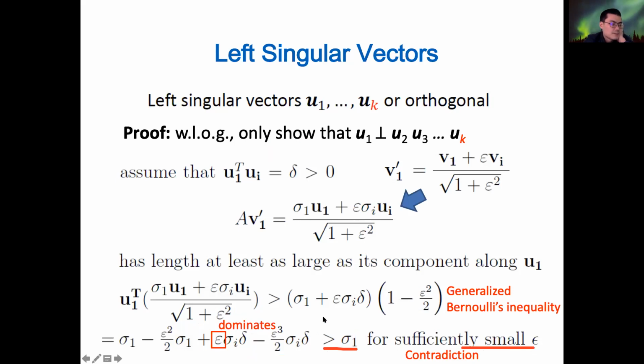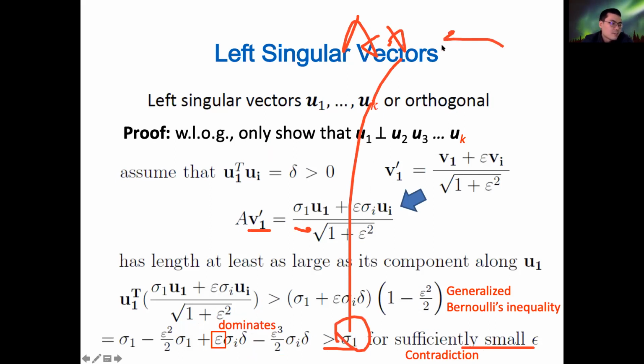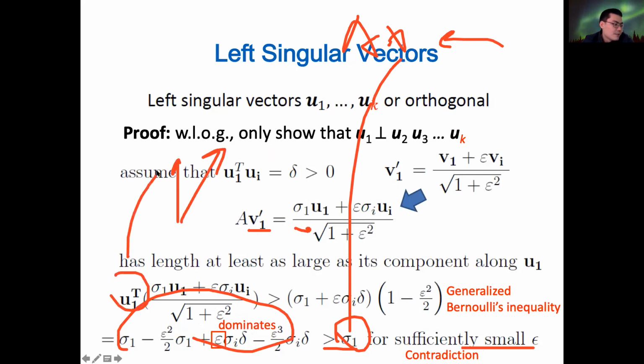But keep in mind, if you have an A and you have an X, which is a unit vector, and by the way, V1 is also a unit vector, or we normalize it, then we rotate over all possible X values. This is the largest possible value for this. So you cannot find an even larger value. Yet this new vector has a component along U1, and this component is even larger than this. This is a contradiction, because sigma 1 is really the largest.